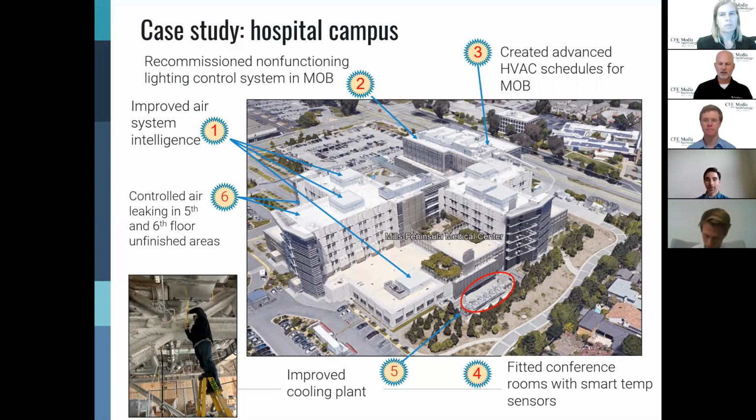So again, we went in and took a look. The things that I note on the slide are the things that we ended up finding. There were control systems that were not commissioned, not functioning and not programmed properly, that were never really used or put in place. So lighting systems just ran 24 hours a day.